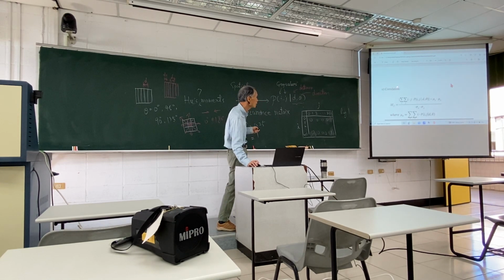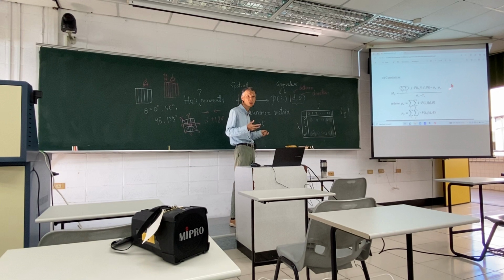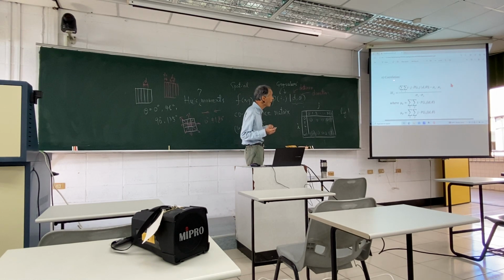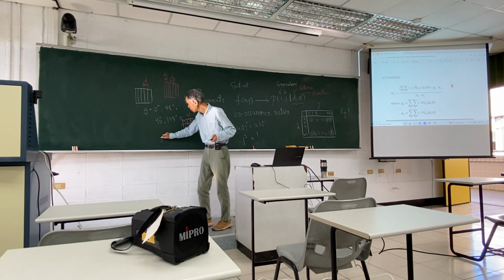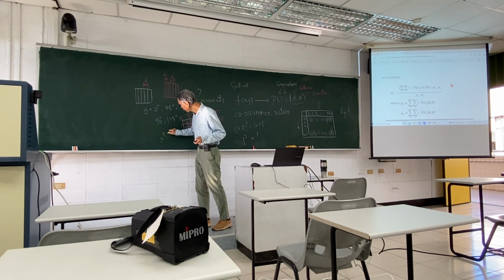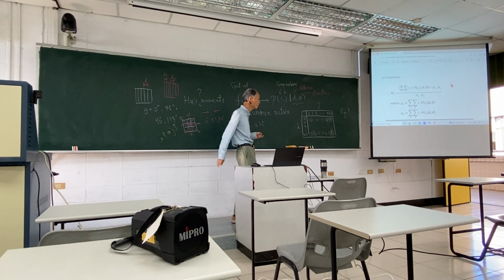Or you can find the correlation. Okay? Just like the normalized cross correlation, exactly. Because if I and J are highly correlated, then this correlation value will be very high. Okay? Which means what? If I is large, then J is also very large. Which means they are highly correlated.